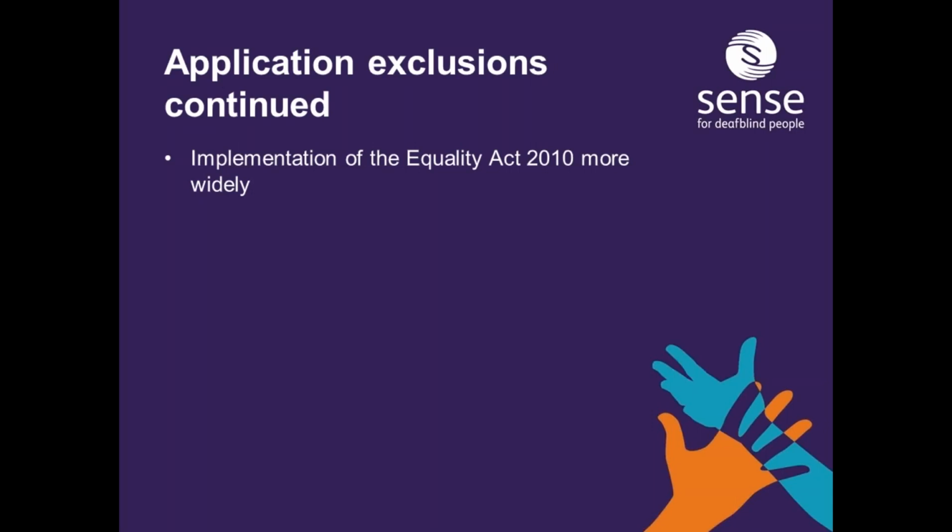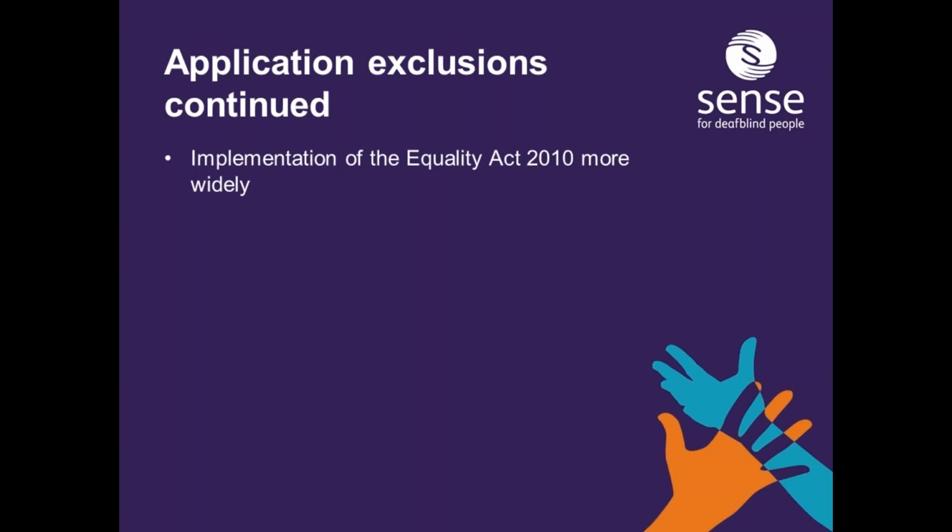So there's one more comment that I want to make at this stage about application. The standard is about access to information and communication. Implementation of the Equality Act 2010 more widely is out of scope. So those sections that do not relate to the provision of information or communication support fall outside of scope of the standard.